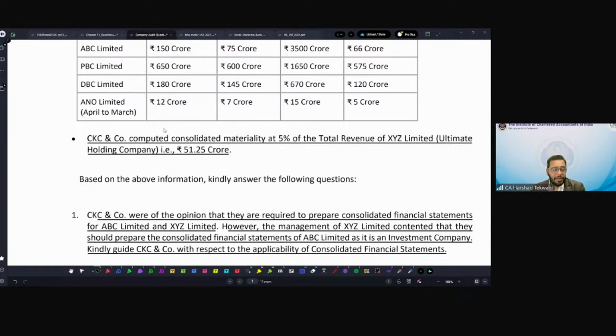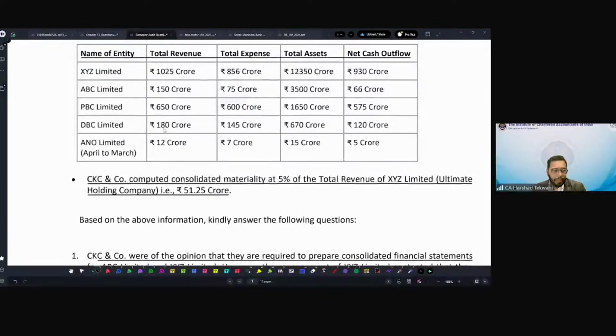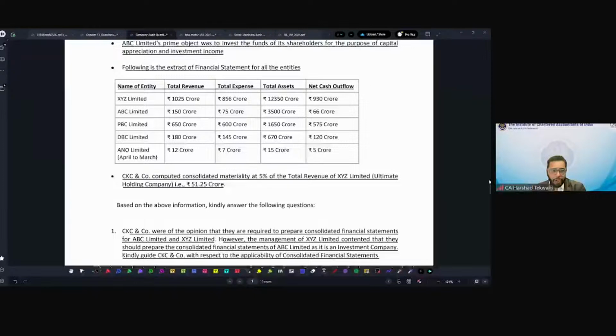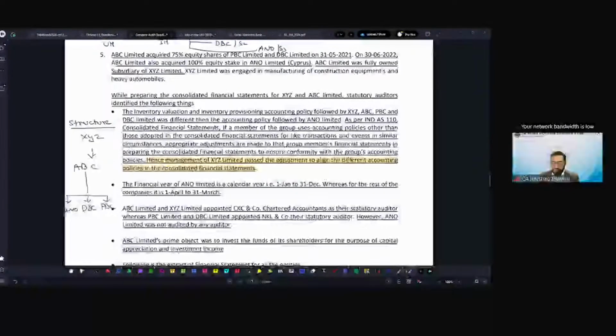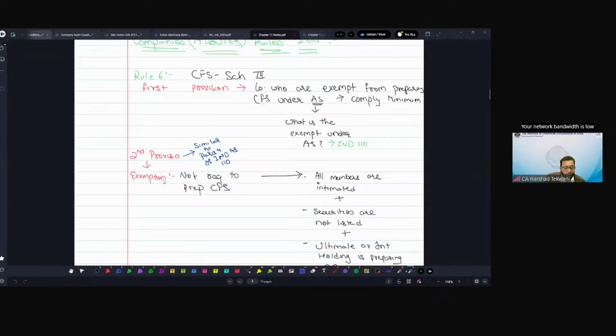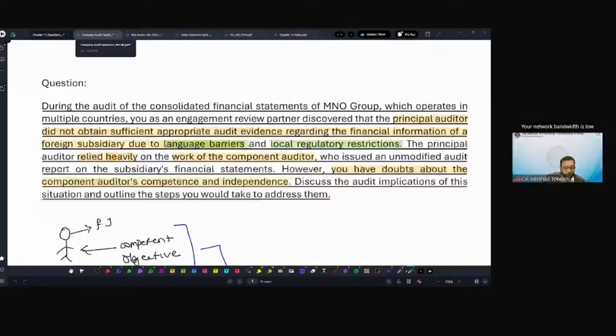I'll give you a minute to read the question again. Let's see what the requirement was with respect to preparation of CFS. First, what is an investment entity?